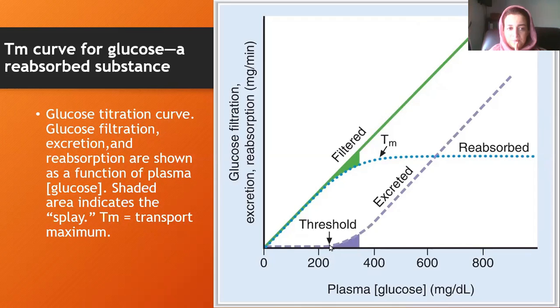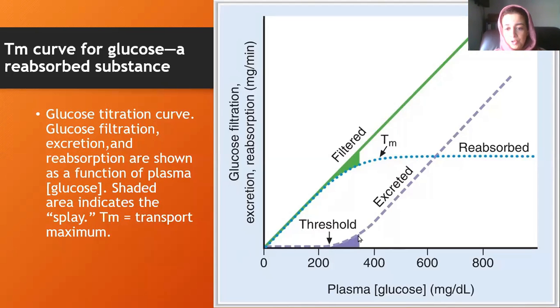So this point, about 220 milligram per deciliter, is called the threshold value. It is at this value that glucose first starts appearing in urine, and it corresponds to the point when reabsorption rates start to decrease. We'll discuss shortly why the rise in reabsorption has slowed.